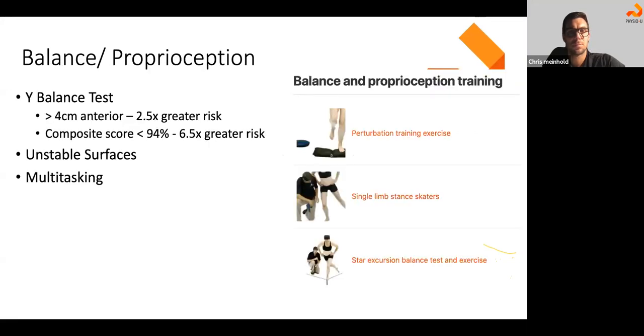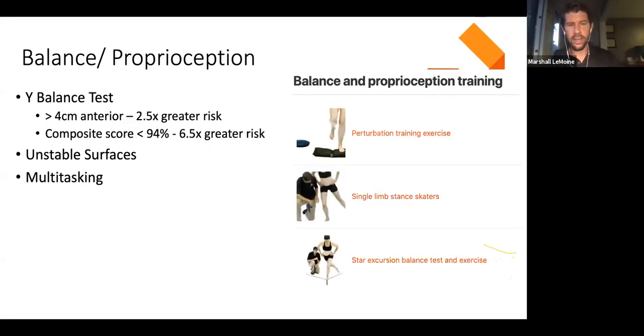Good. Okay, so that's a big part of early on, right? By the time someone's able to stand on their knee, they should be working on their strength, their range, but pretty soon we want balance and proprioception, right? They did studies on this, like a speedy recovery, where they started body weight exercises and single limb stance really early, versus a group that did more stuff on the table: short arc quads, long arc quads, straight leg raises, and stuff like that.